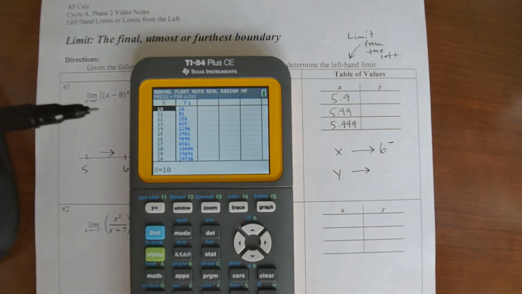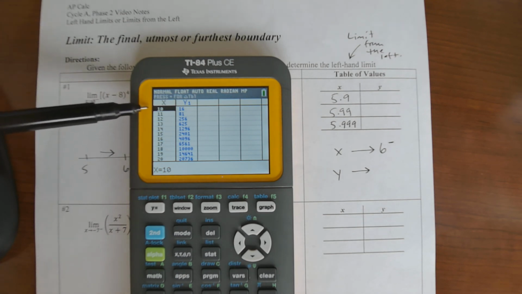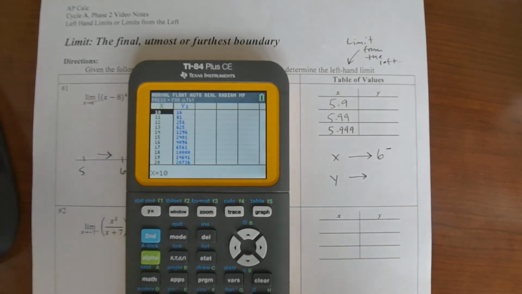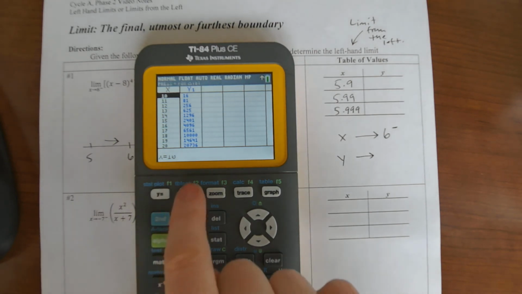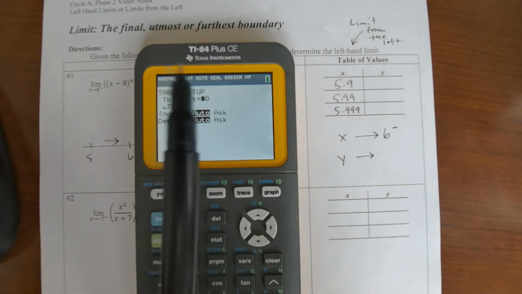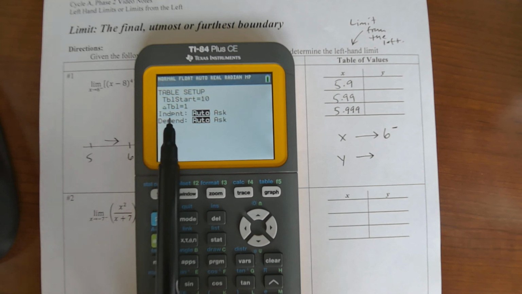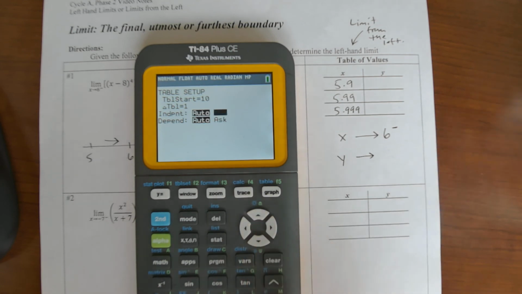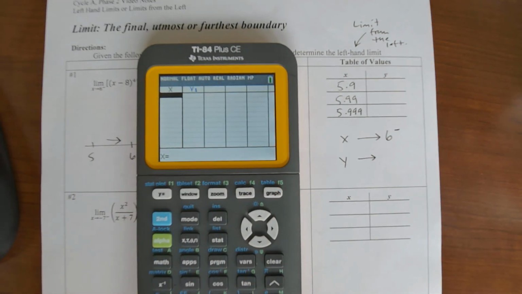Right now, the calculator itself is generating the inputs, but I want to be able to choose the inputs. So I'm going to go to table set, which is above window, so second window, and I want the independent variable, which is the input, instead of being on auto, to be on ask. So that's what's going to let me plug the values in.